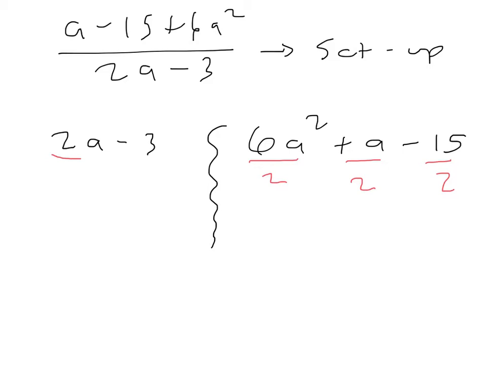So what I get as a result then are the numbers 3 for my first coefficient, 1/2 for my second, and again we're always going to leave the last term as a fraction because this will eventually become my remainder, which should be a fraction.